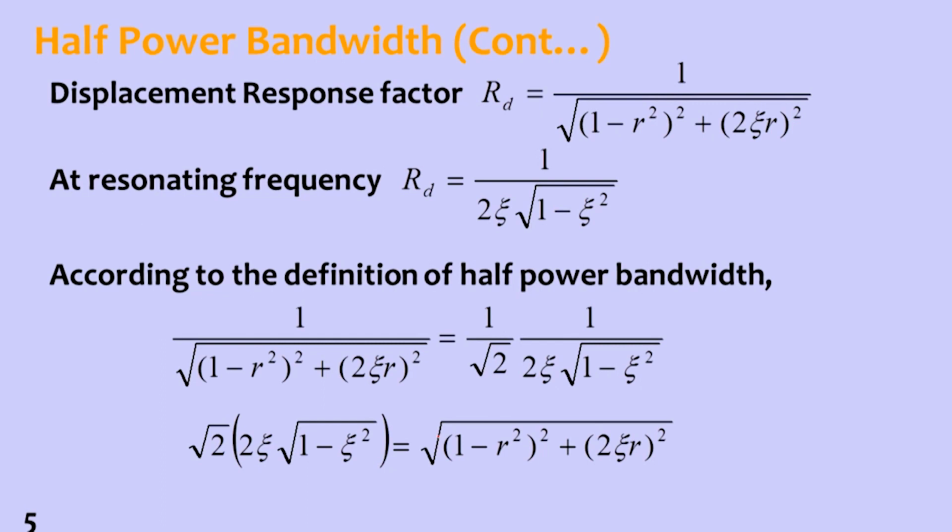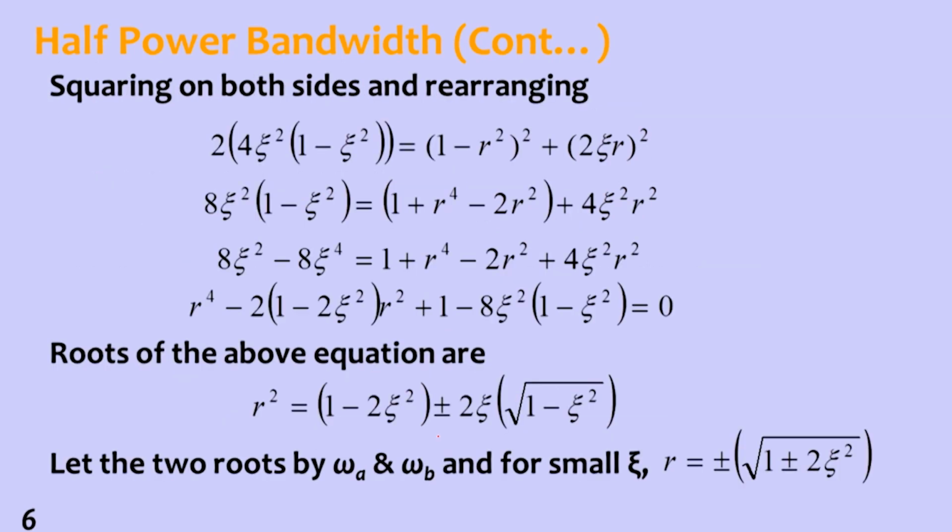If we equate these and simplify, finally we get r square as 1 minus 2 zeta square plus or minus 2 zeta under root 1 minus zeta square. If we take the roots, we get r equal to under root 1 plus or minus 2 zeta square.